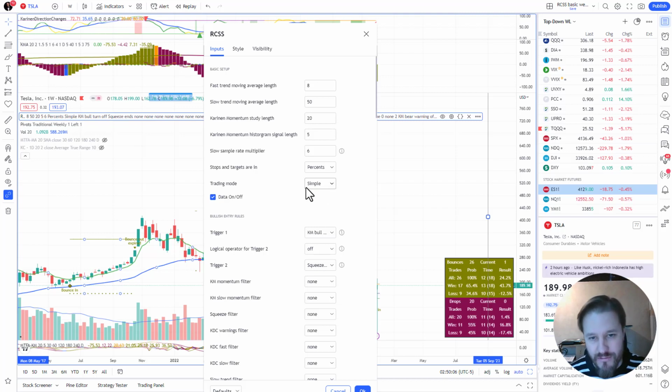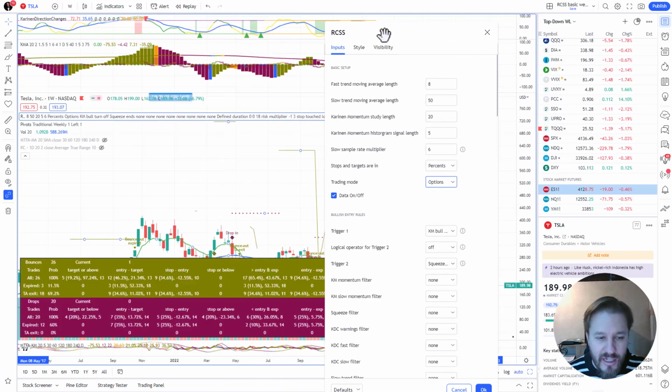Trading mode, it should probably be called data mode, but this is simple mode here. You're only caring whether it's closed above or below the starting point. All right? When you're doing options, you're buying your option or you're selling your option somewhere.